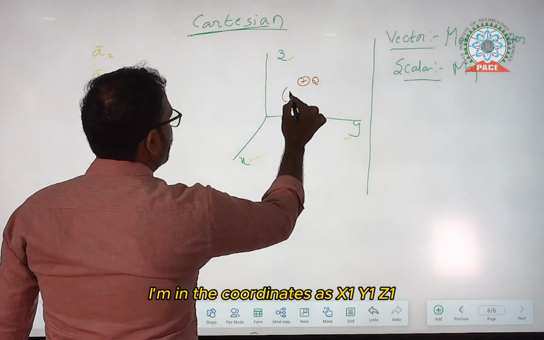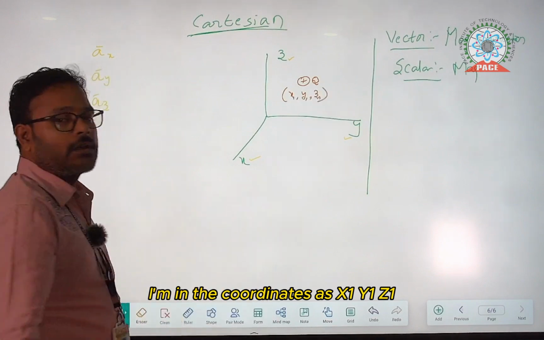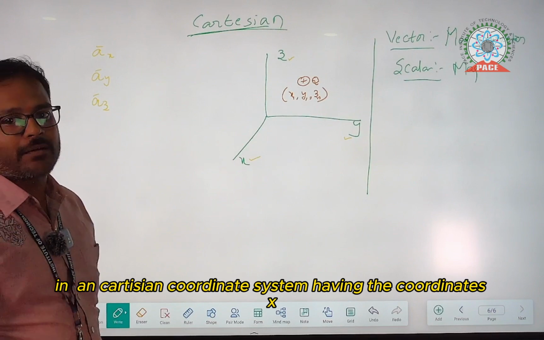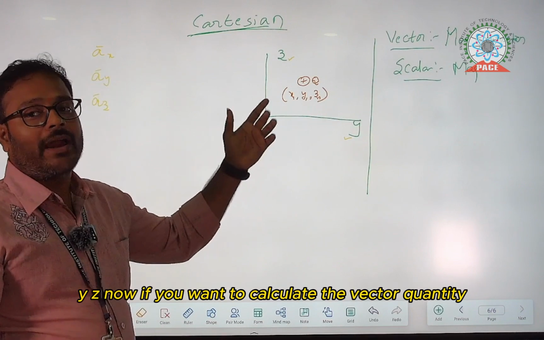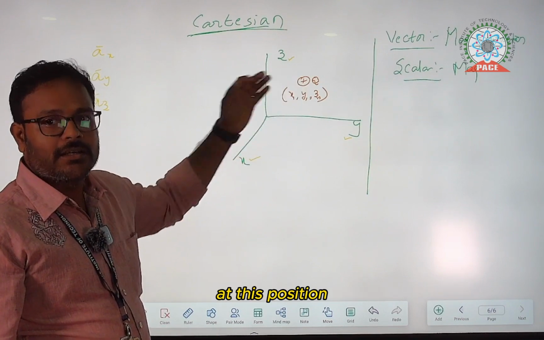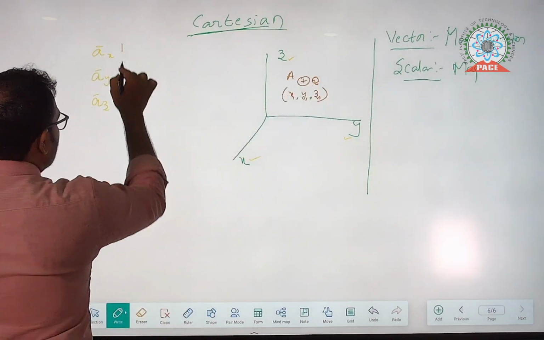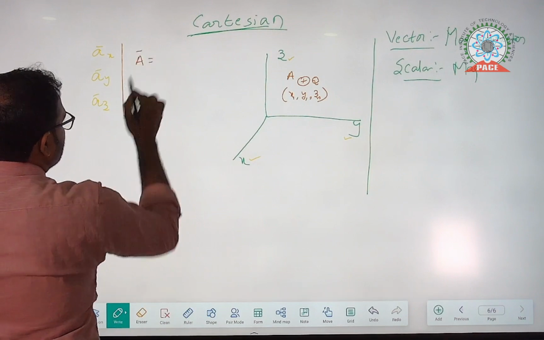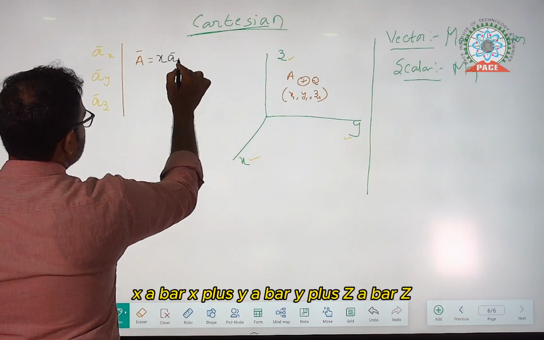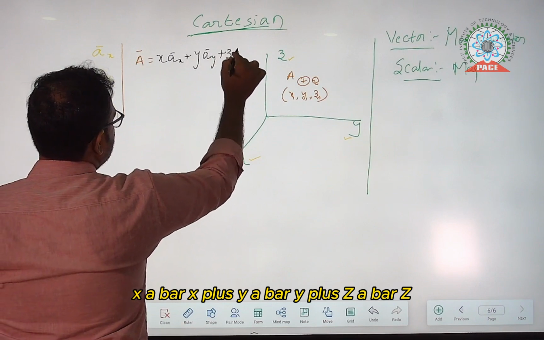I am giving the coordinates as x1, y1, z1. These are the position of q in the Cartesian coordinate system. Now, if you want to calculate the vector quantity at this position, and I am naming this position as A, the vector representation should be A bar, which is nothing but x A bar x, plus y A bar y, plus z A bar z.